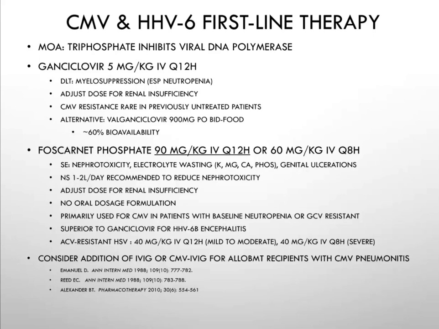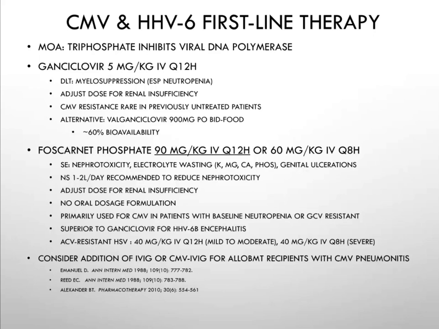The dose-limiting toxicity is myelosuppression. We can see CMV resistance. That's very rare in previously untreated patients, but in patients who require multiple courses of ganciclovir therapy, it becomes more and more common. We have valganciclovir, which unfortunately sounds a little bit like valacyclovir, but it's an excellent oral option for these patients because it's about 60% bioavailability.